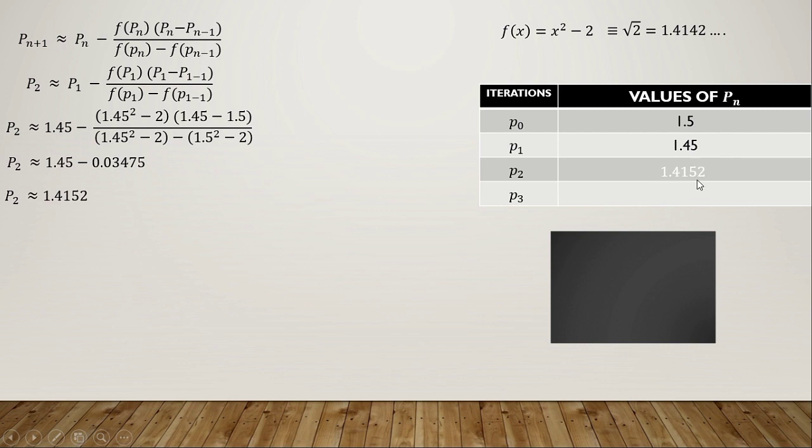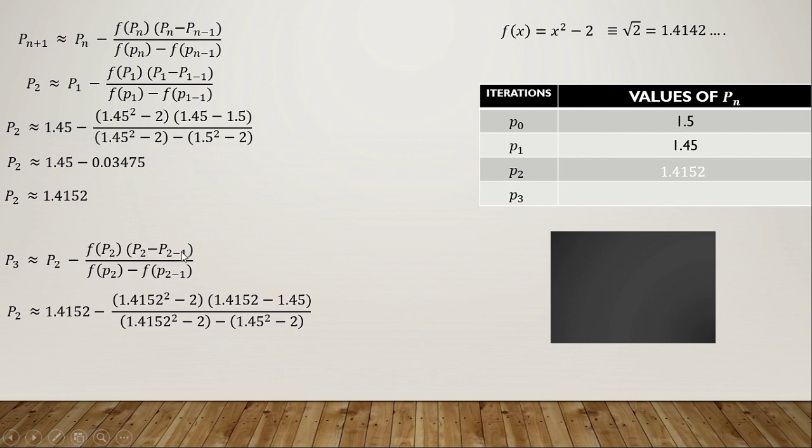1.4152. Great. So now let's try finding P3. So now we found P2, and then we're going to use P2 and P1 there. Repeat the same process, and you're going to have P3, which approximates 1.4142. And then we can plug that in there.